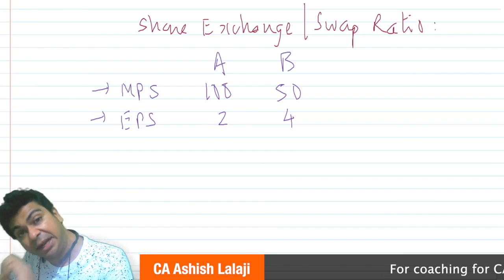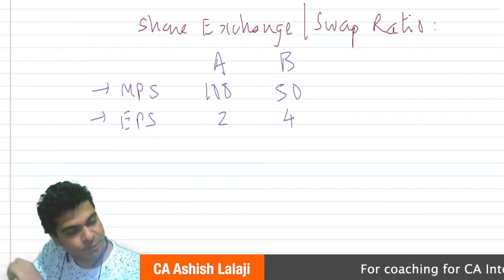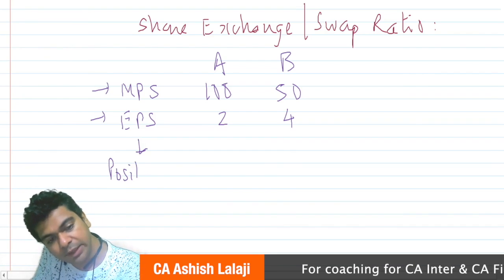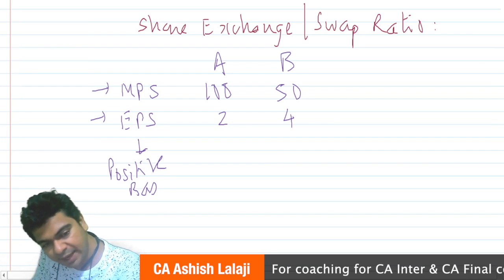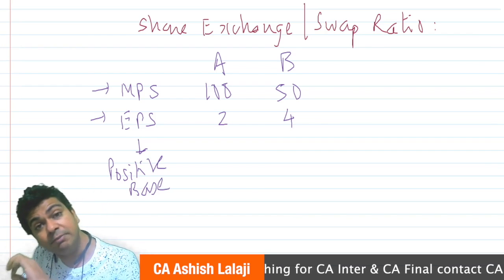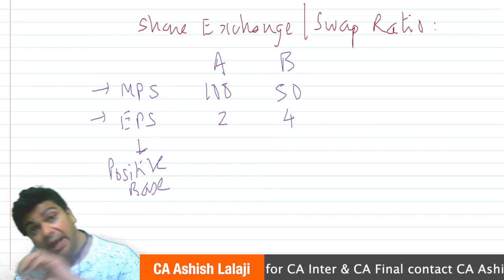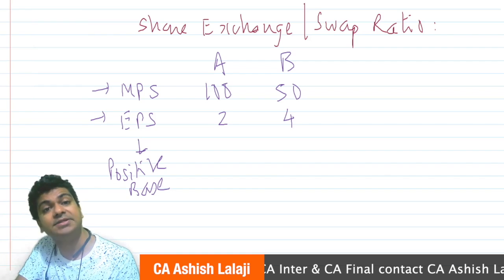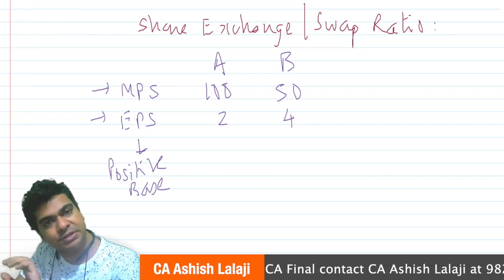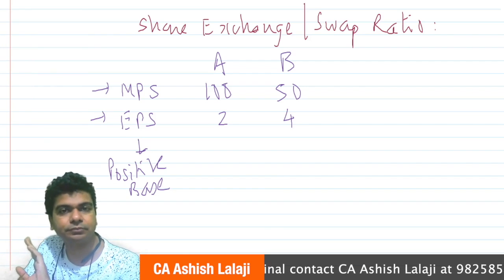See, market price per share and earnings per share will be considered to be what is popularly known as positive base. I will call them positive base. What do we mean by a positive base? Any base that is desired to be as high as possible will be considered to be a positive base.